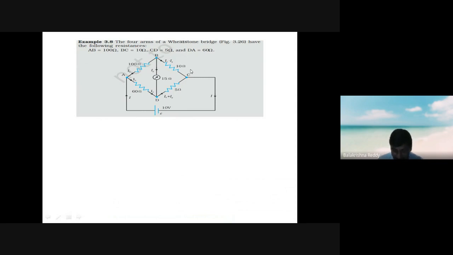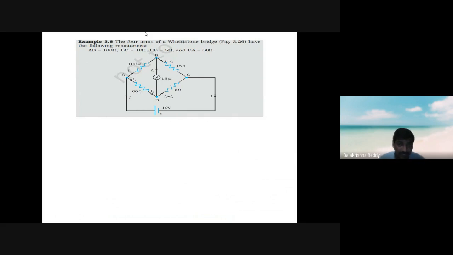What we need to find here is the most important thing. Usually we find the unknown resistance in the circuit using the Wheatstone bridge concept, but here all other resistances are known. Then how can we find the unknown resistance?